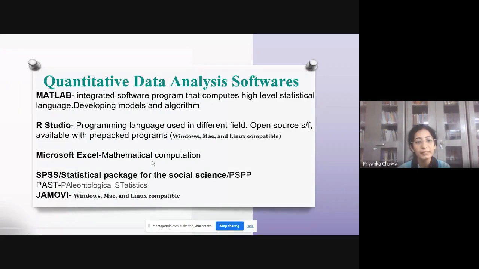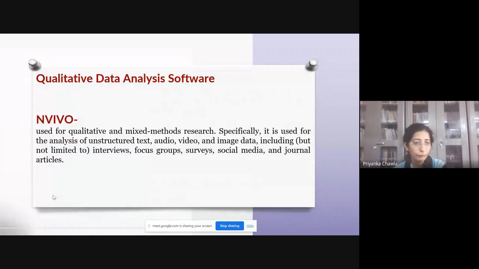SPSS, the Statistical Package for the Social Sciences, we generally use. If we don't have SPSS, then we have PSPP, available free of cost and open source. If we don't know how to run PSPP, then we have PAST, or Jamovi, which is somewhat similar to SPSS. Jamovi is also open source software.